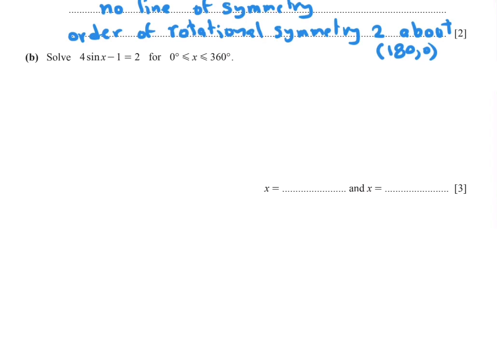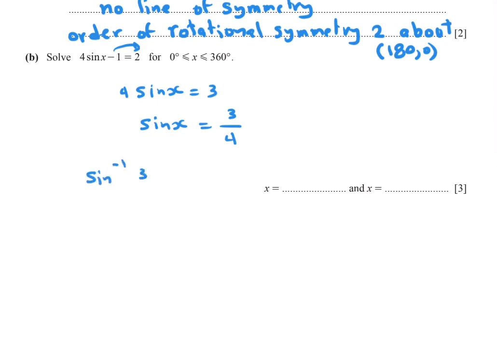B. Solve 4 sine x minus 1 equals 2 for x greater than or equal to 0 and less than or equal to 360. To solve this, make sine x the subject. So 4 sine x equals, transpose negative 1 to the other side as positive, 4 sine x equals 3. Divide by 4, so sine x equals 3 over 4. Now use your calculator to find the acute angle which has sine 3 over 4.